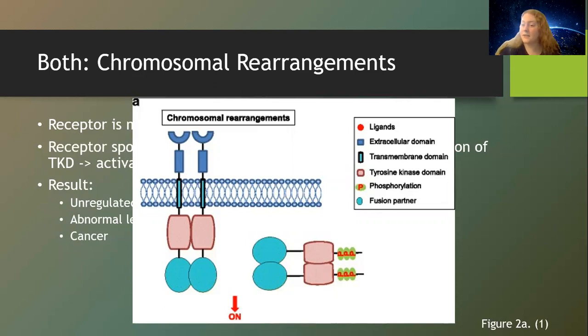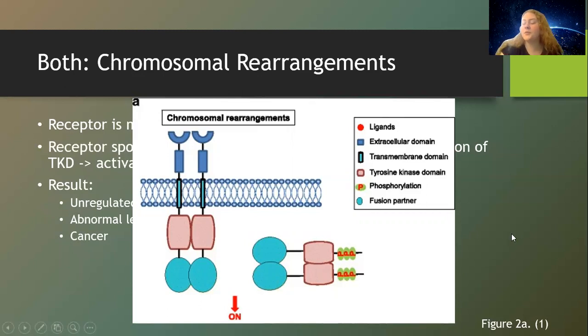But if enough of these abnormal receptors are made, or for example, if during chromosome rearrangement, the gene for the RTK is doubled, then you could have multiple copies of normal RTK, as shown on the left, being expressed on the membrane. That would be a form of amplification.